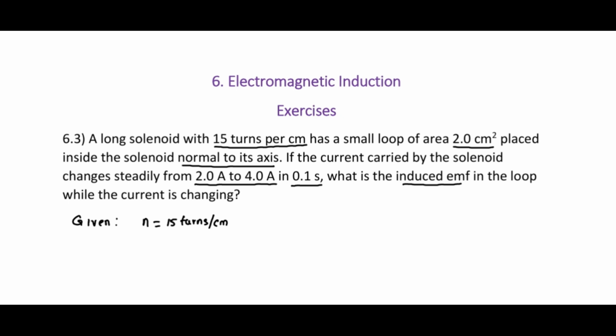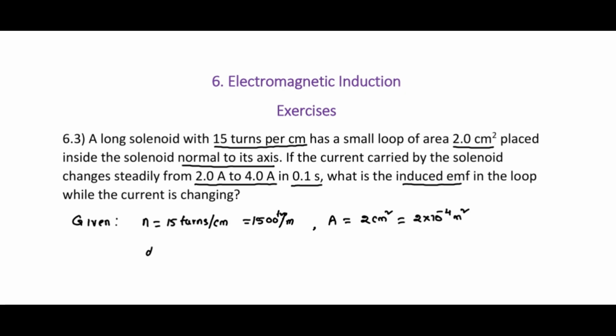If you write this in terms of SI, 1500 turns per meter, and area is equal to 2 centimeter square, that is 2 into 10 power minus 4 meter square, and the current is changing from 2 to 4 ampere in 0.1 second.